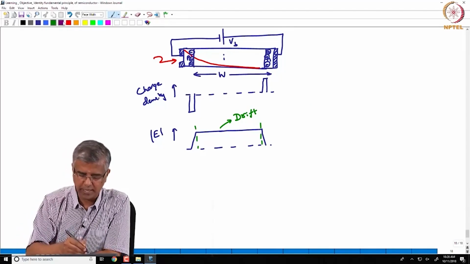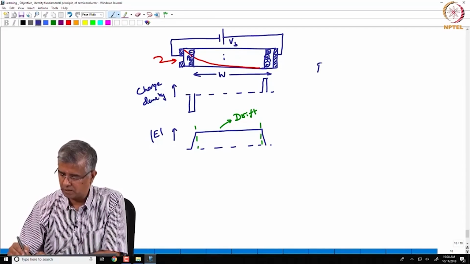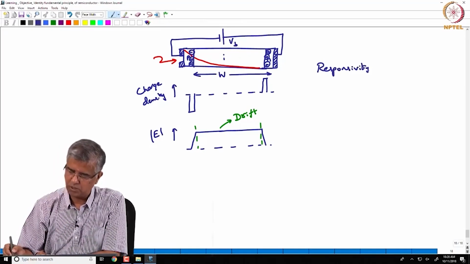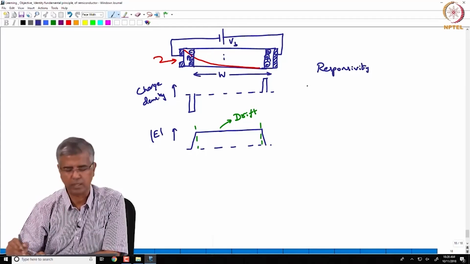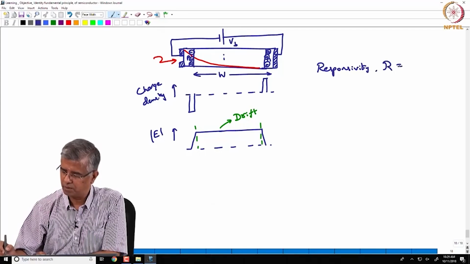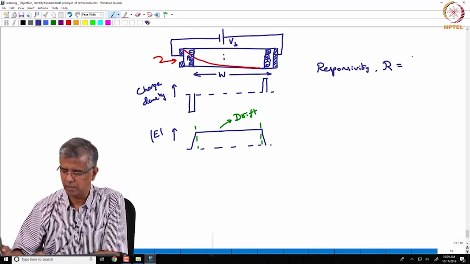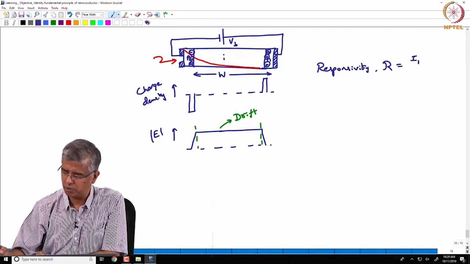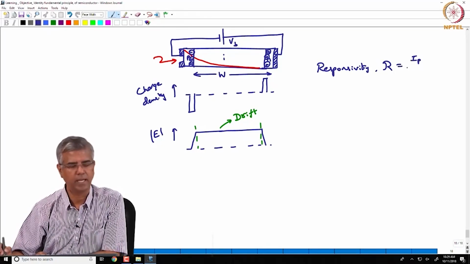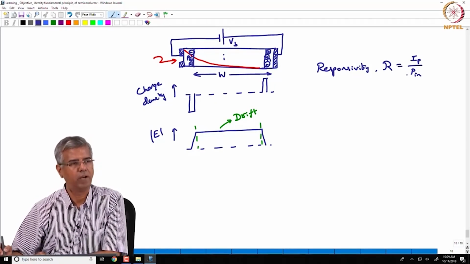So, let us now track the characteristics of the photodiode. Let us start with responsivity of the photodiode, right. So, responsivity which is denoted by R is essentially given by the photocurrent generated, let us say IP, for a certain level of power that is incident on the photodiode.